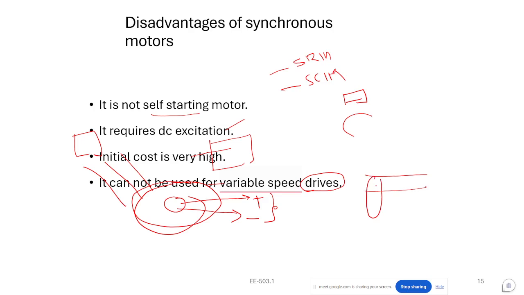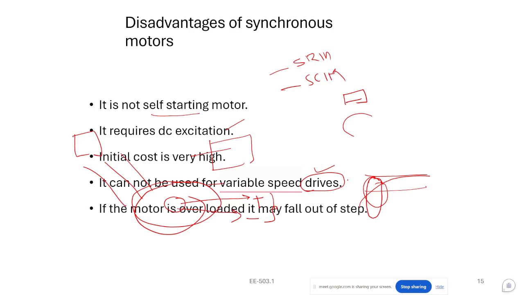If a motor's rotor shaft is connected through a belt to the drive, and 3 or 4 pieces of equipment are running, that's the single drive. If another 4 or 5 motors are running at a time, that is the multi drive machine. So it cannot be used for variable speed drives.